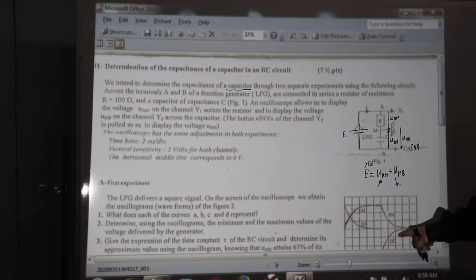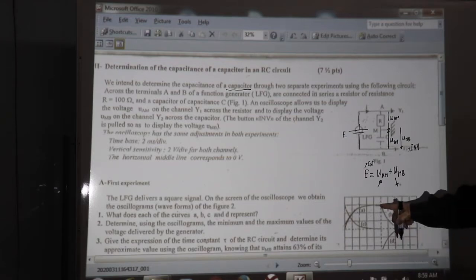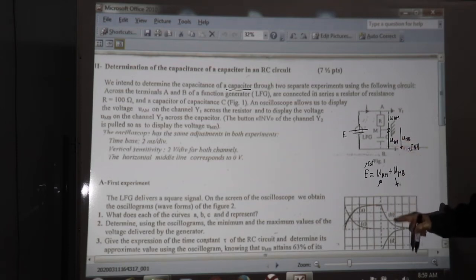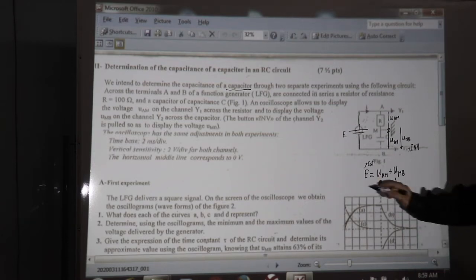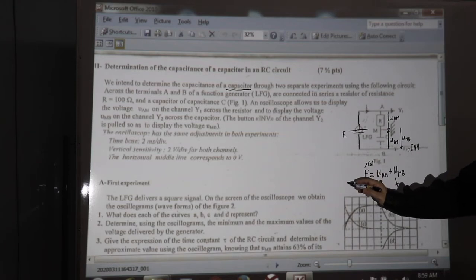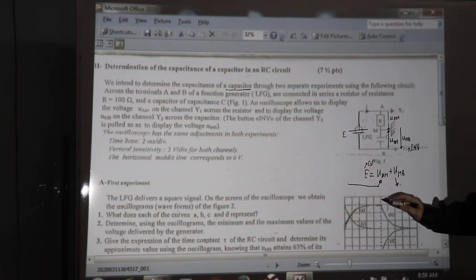Now B and D. B represents the discharging of the capacitor. These figures represent the case when the capacitor discharges. Why? Because in this case, don't forget, this is the square voltage, like this.